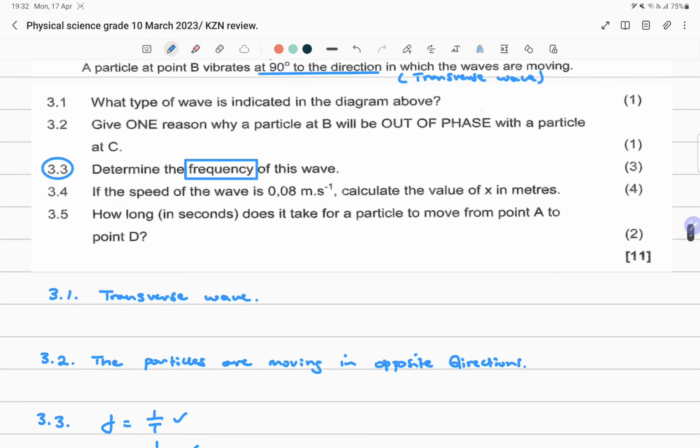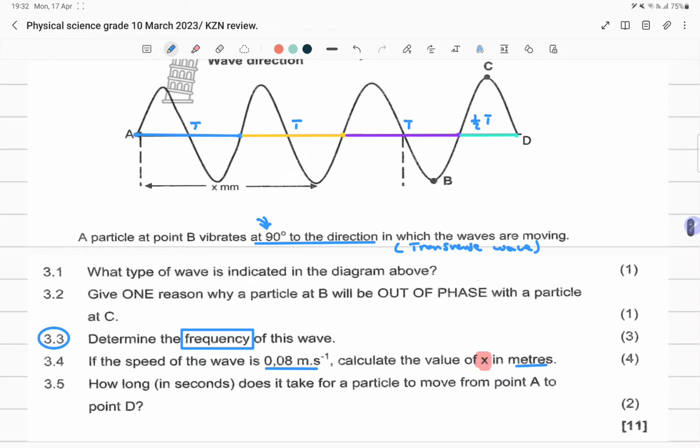3.4. If the speed of the wave is 0,8 meters per second, calculate the value of x, in meters. So now let's see. X is the distance between, you see we have a full wavelength here and a half of a wavelength, and then half of a half here.